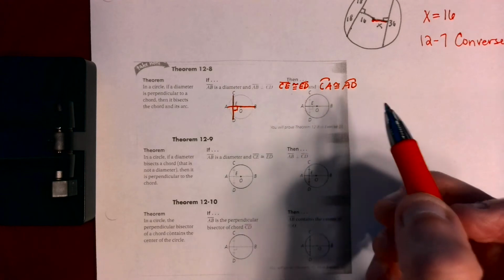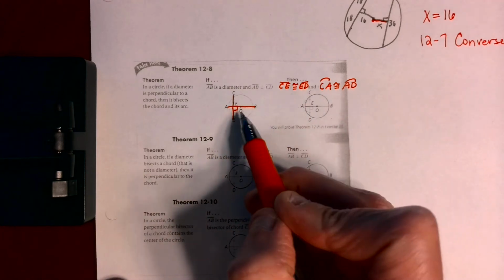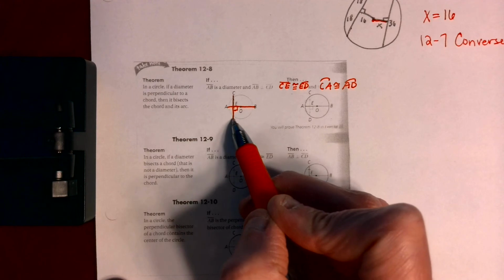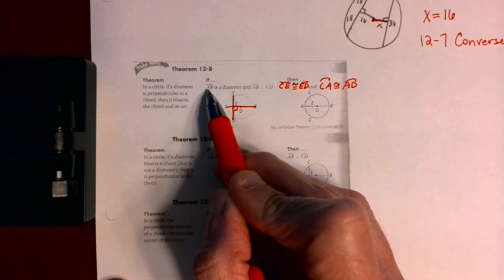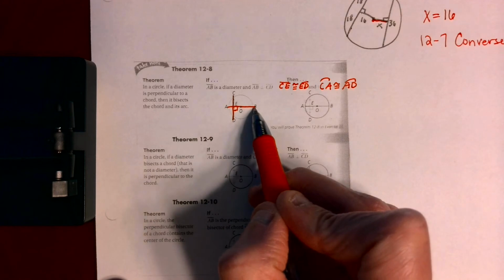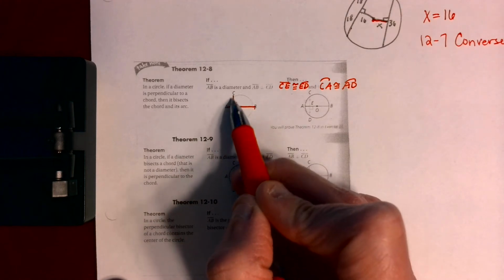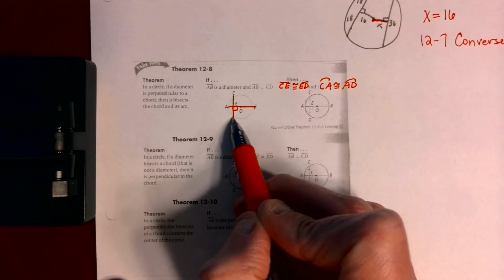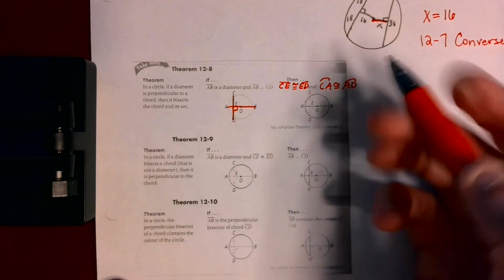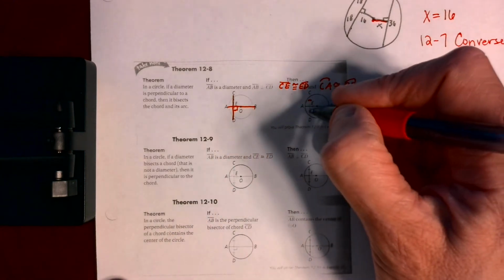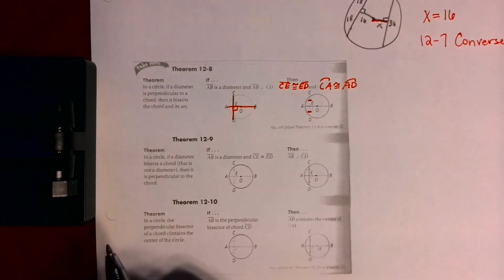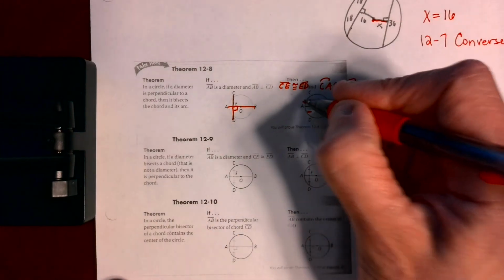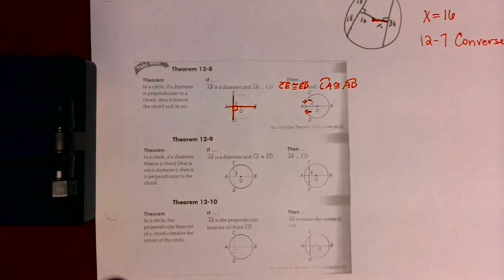Okay, so now let's take a look at what that means. If AB is a diameter and it's perpendicular to this chord, then this is congruent to this, and these little arcs are also congruent.